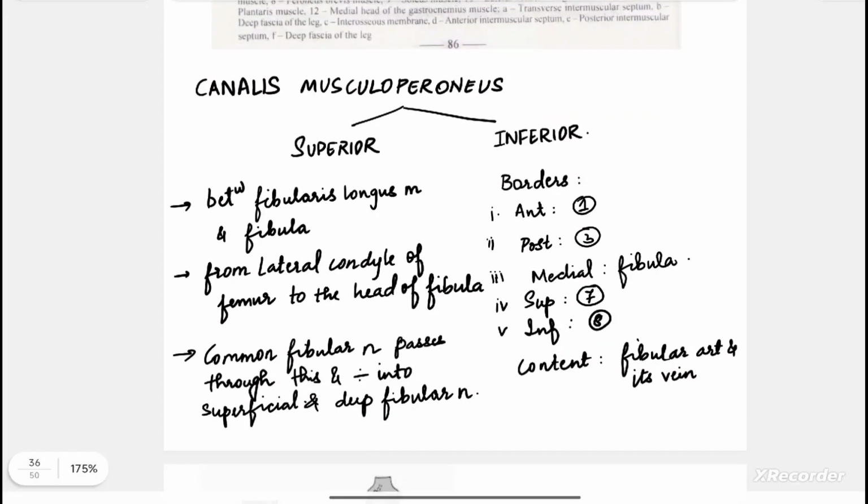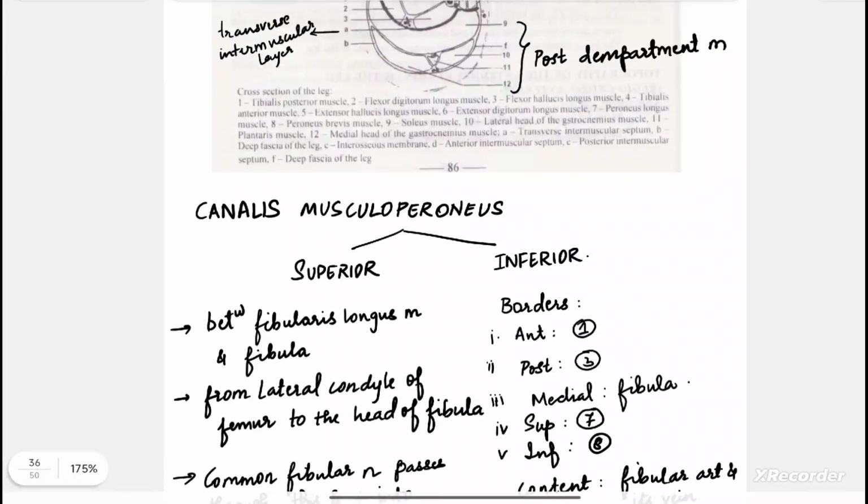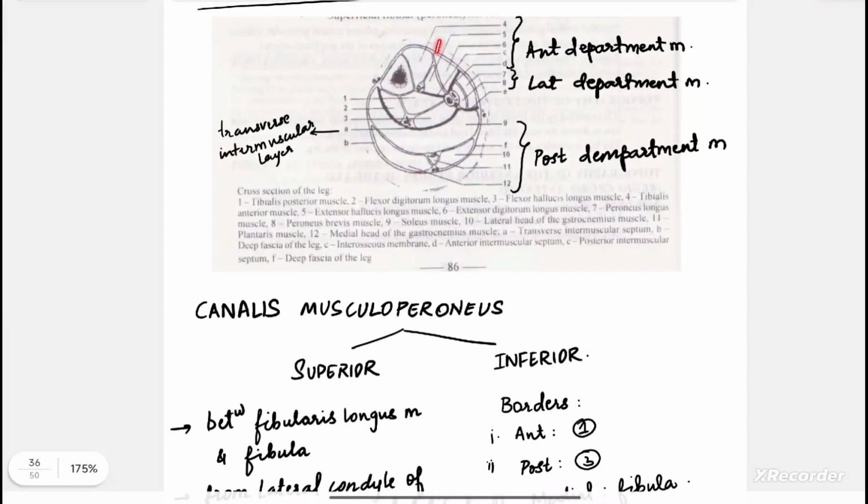Next is the canalis musculoperoneus, superior and inferior. The superior one is between the fibularis longus muscle and the fibula, from the lateral condyle of the femur to the head of the fibula. The common fibular nerve passes through this and divides into superficial and deep fibular nerves. Now, inferiorly, the border anteriorly is the tibialis posterior muscle.